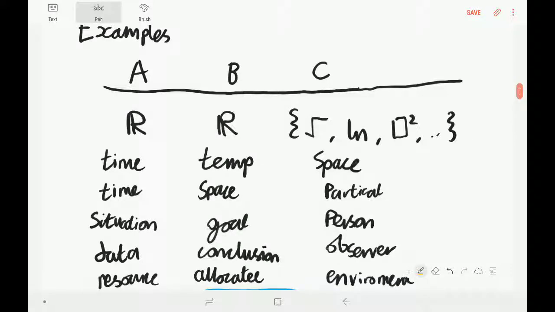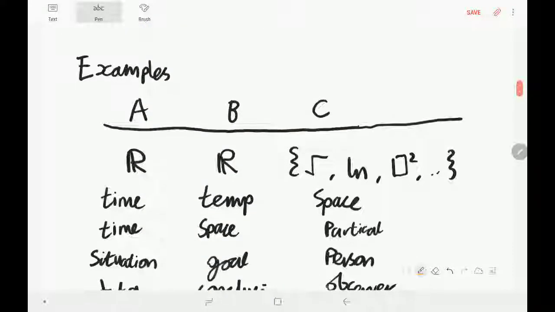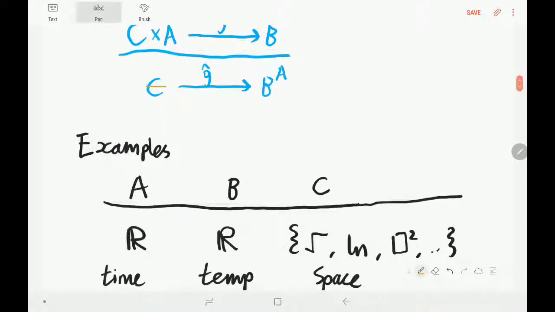There's other ones we can do, like situation, goal, and person. This is a little bit maybe inexact because there are obviously other variables, but we could say that if we have a person, then they have an idea what goal they'll have in different situations.